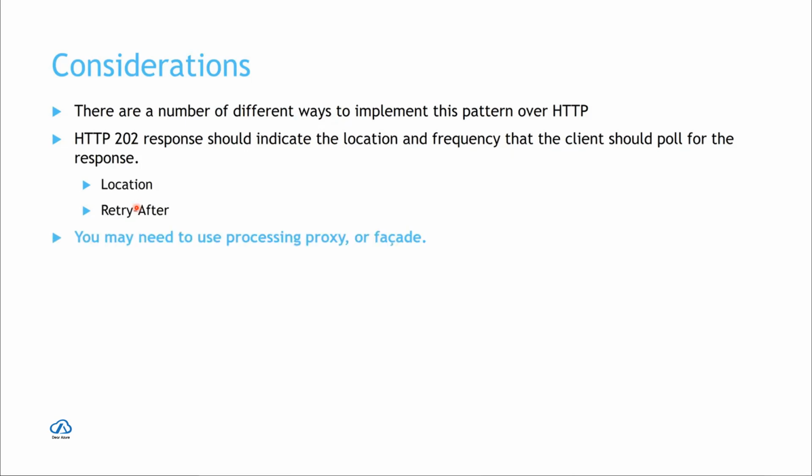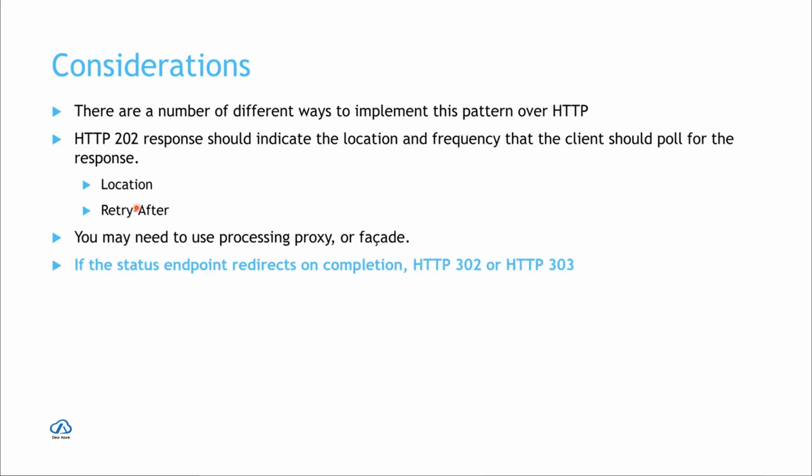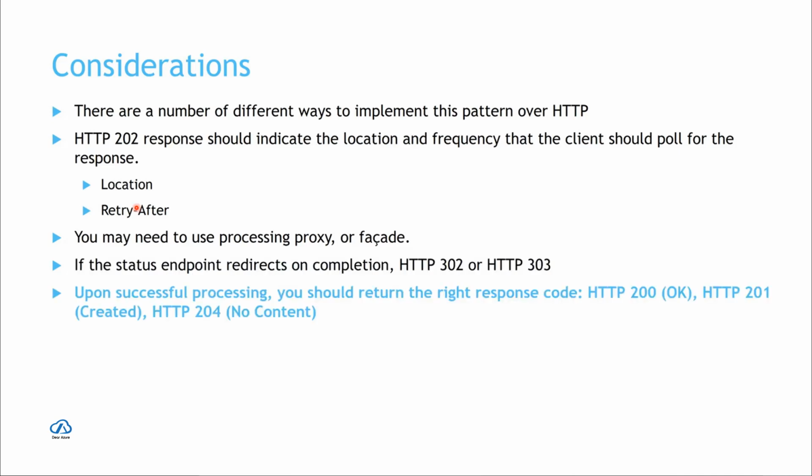Sometimes you might need to use a proxy or facade to add additional headers or remove headers to these requests or responses. Also, you want to make sure that you are using the right HTTP request or response code. If you are going to redirect, make sure that you're using 302 or 303 response codes. If the request has succeeded, you want to make sure that you respond back with 200 or 201, or 204 if there is no content.